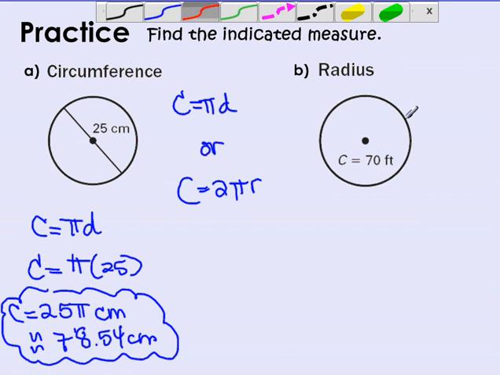If you're asked to find the radius and you're given the circumference, it's going to be in your best interest to use the formula that has to deal with the radius.